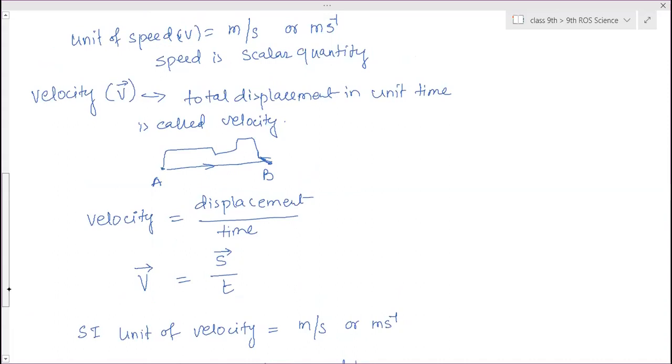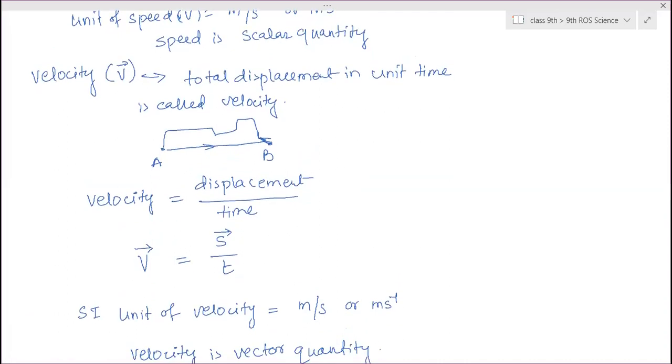So velocity is total displacement in unit time, V is equal to S by T. SI unit of velocity is meter per second, or ms to the power -1. The units of speed and velocity are the same, but speed is a scalar quantity, whereas velocity is a vector quantity.